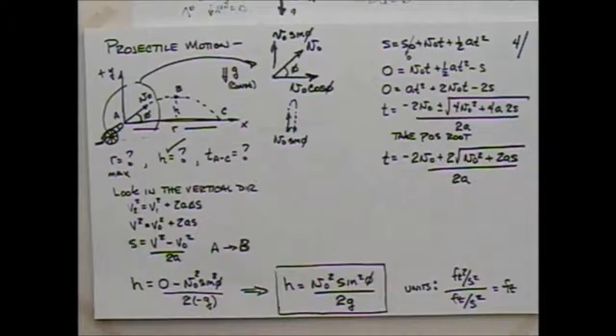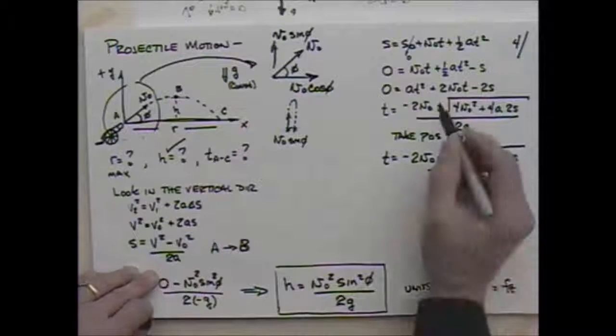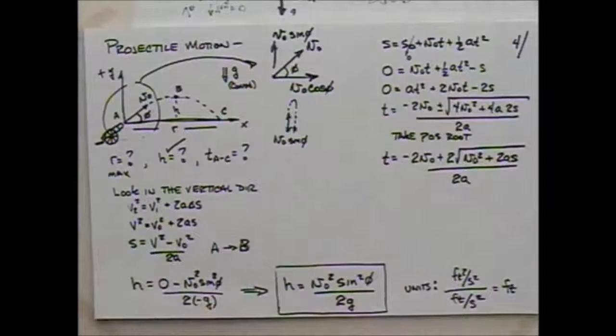And I also factored a 4 out of that radical as a 2. You okay with that? When I say take the positive root, I just took the positive sign up there. If you did the negative, you get some weird answers that you wouldn't recognize.